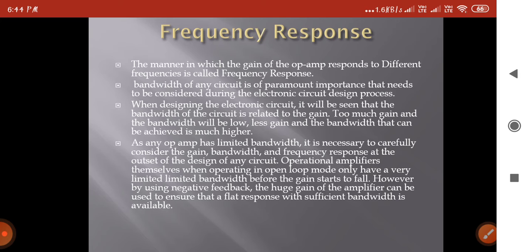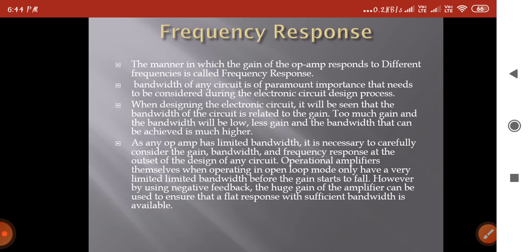One sentence at a time, we are going to explain the fourth point. As any op amp has a limited bandwidth, and the 741 also has a limited bandwidth, it is necessary to carefully consider the gain, bandwidth and frequency response at the outset of the design of any circuit.